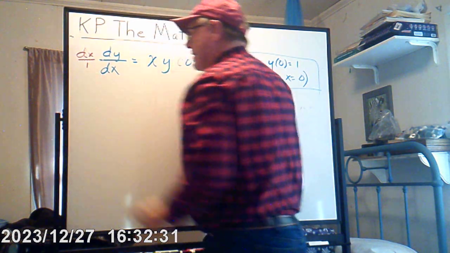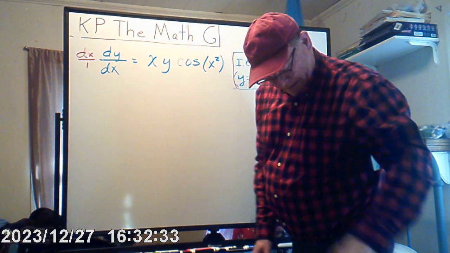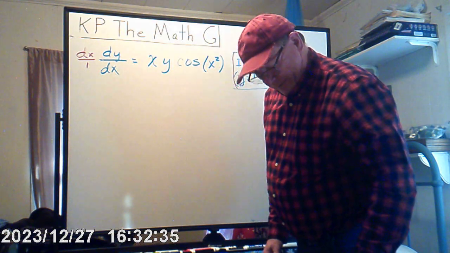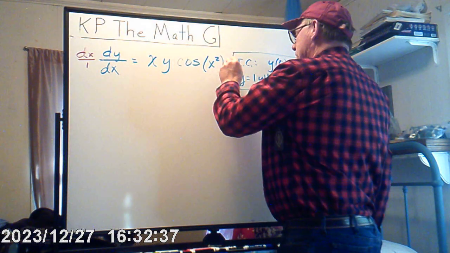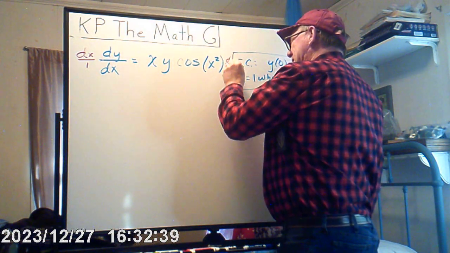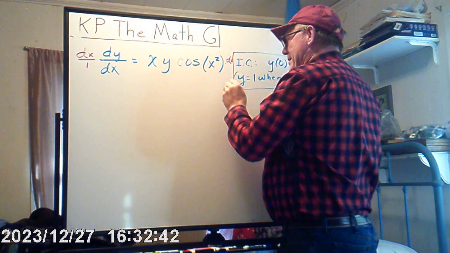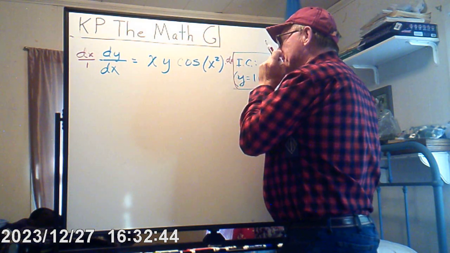Remember, this can be written as dx over 1, times dx. Squeeze it in there. So that's dx right there.